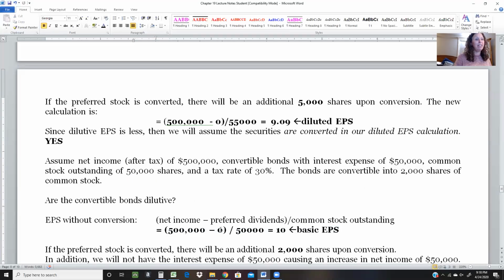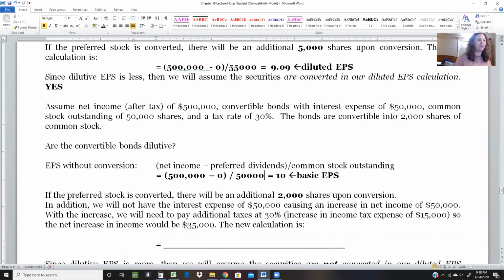But that 500,000 is already net of taxes. So when I increase it, I need to increase it after taxes. So we won't have to pay the 50,000, but with the increase, we'll have to pay an extra 30% of the 50,000 to the government. So really the increase is only 35,000.